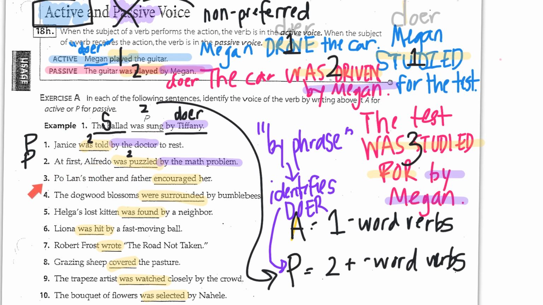And that's why in number 3, we can see this 1-word verb encouraged tells us that not only do we have an active verb, the reason that it's an active verb, and we can label it as such, is that the doer of this encouraging, or doers in this case, are Polan's mother and father. They are the ones who are doing the encouraging of her.